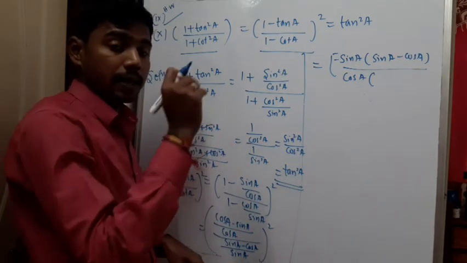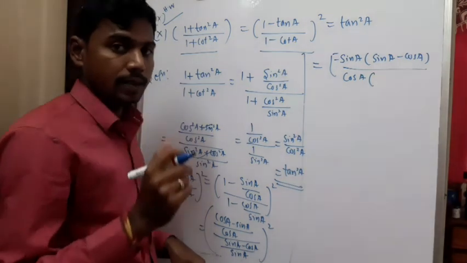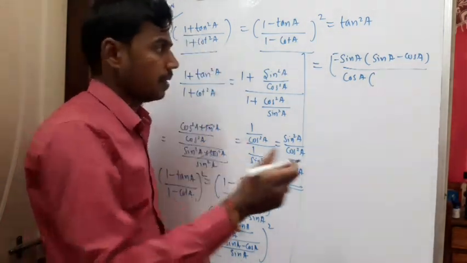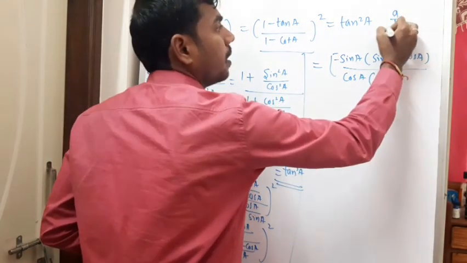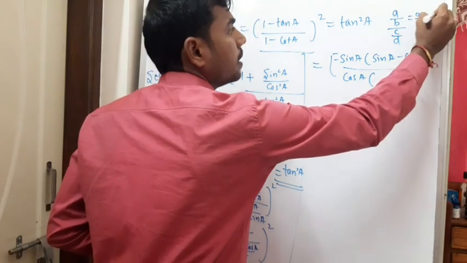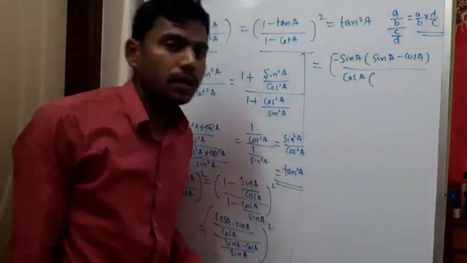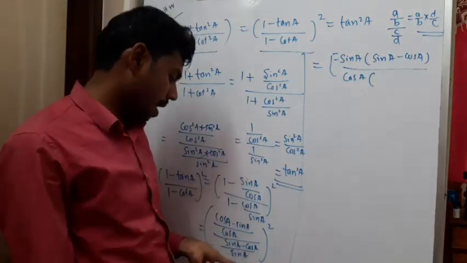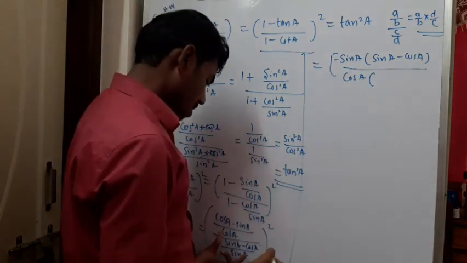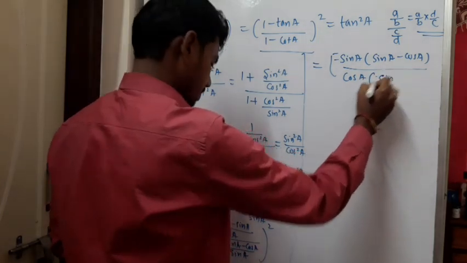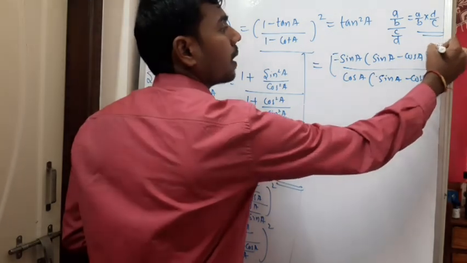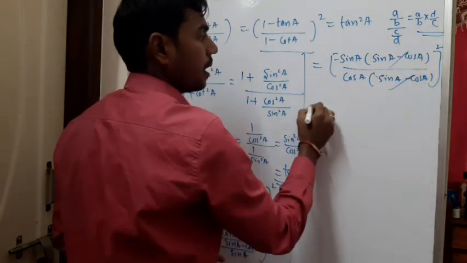A by B divided by C by D will become A by B into D by C, so AD by BC. The same thing I have done here: cos A into sin A minus cos A, whole square. Fine. This and this will get cancelled.